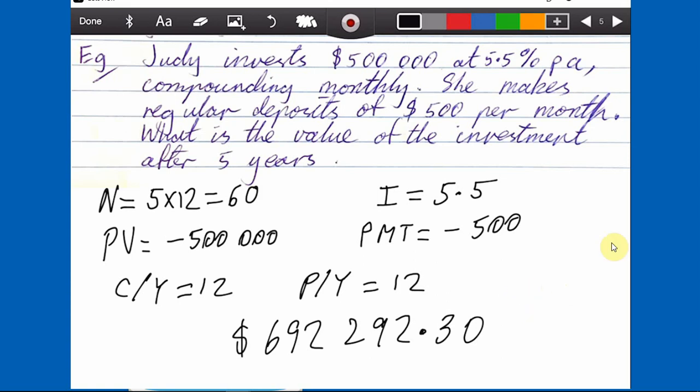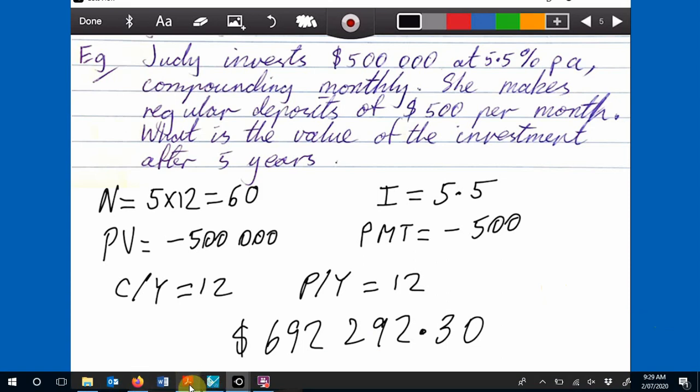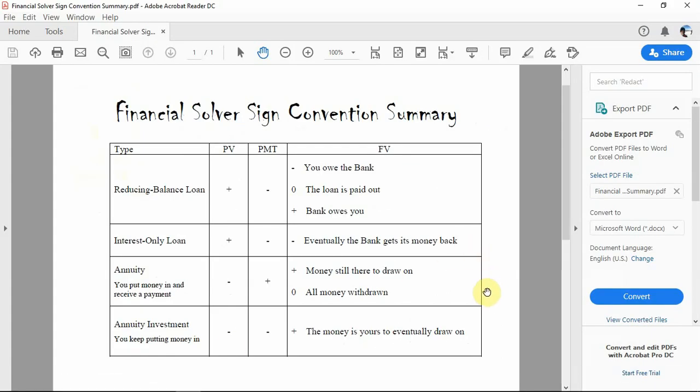Now, as I've been saying, the key thing about the solver is getting your signs right. So here's a little summary: the financial solver sign convention summary that we've got here.